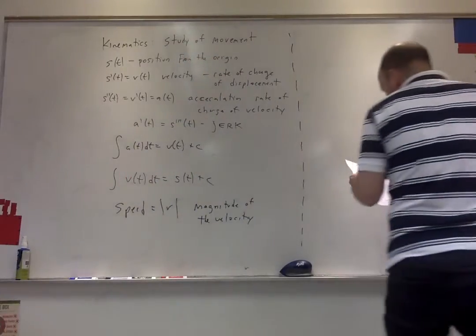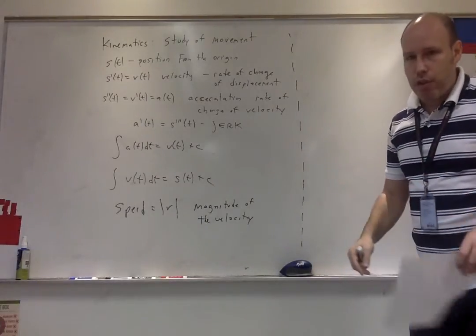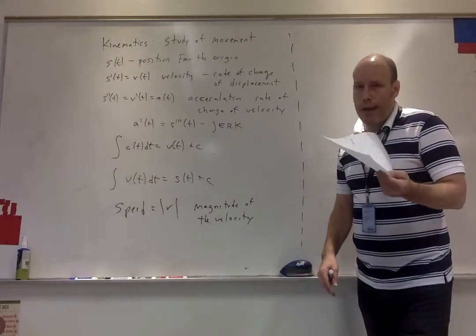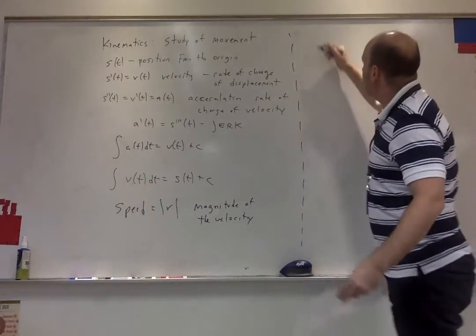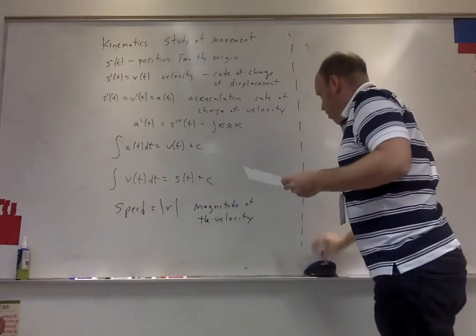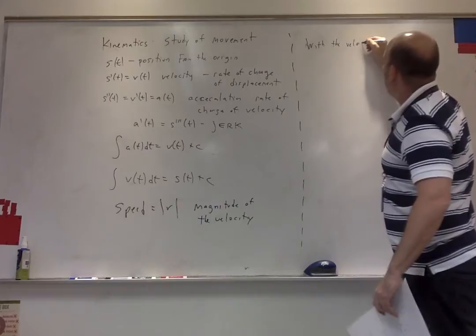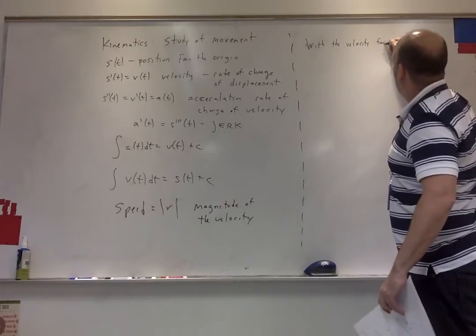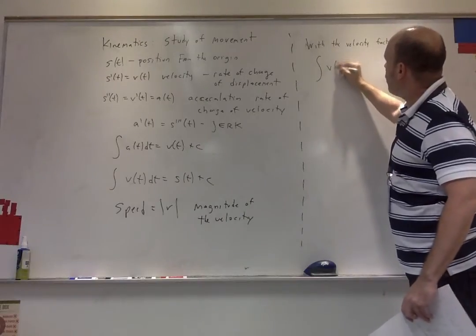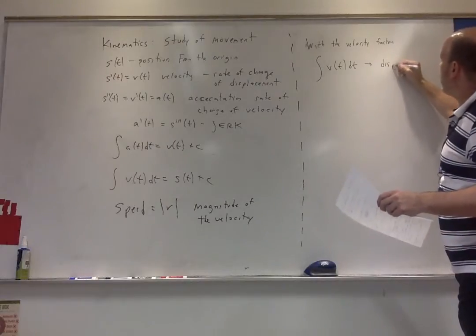So the next thing we want to talk about is displacement versus distance. So you have a graph, and you want to know how far in total you moved. With the velocity function, the integral of v of t tells us the displacement.